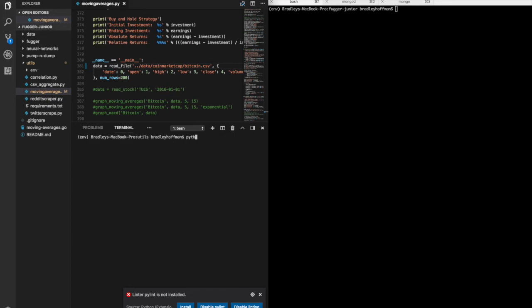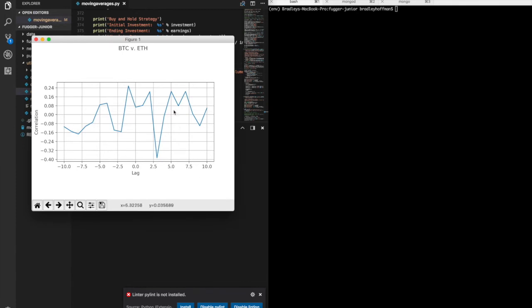Up next, I'm going to run our correlation script. What this is basically showing is the price of Bitcoin versus the price of Ethereum. A higher correlation obviously means that they're correlated, and the opposite means that they're not.